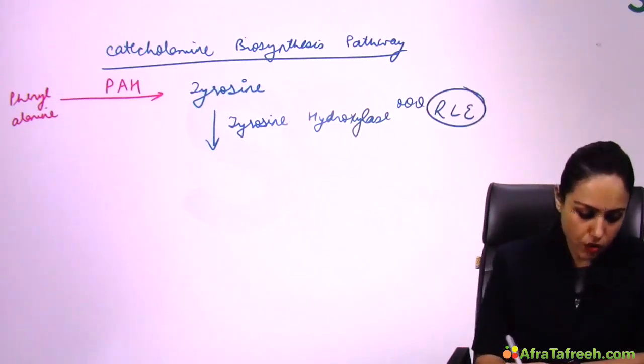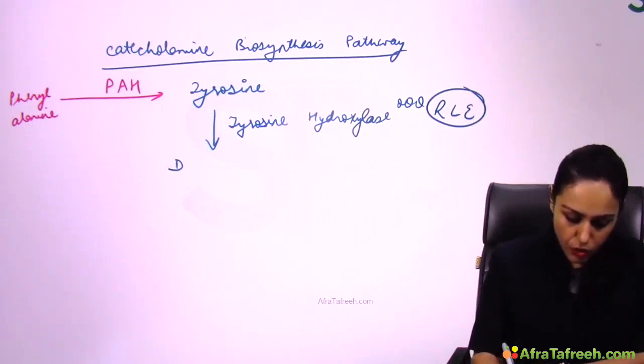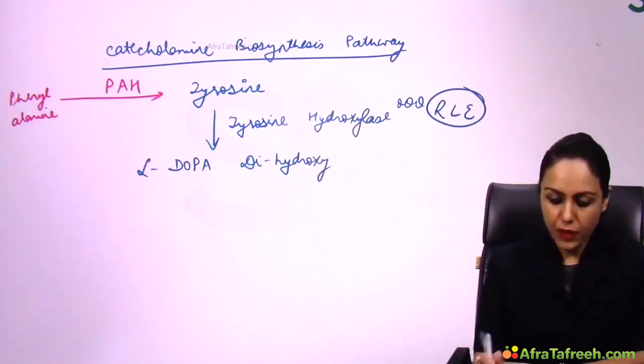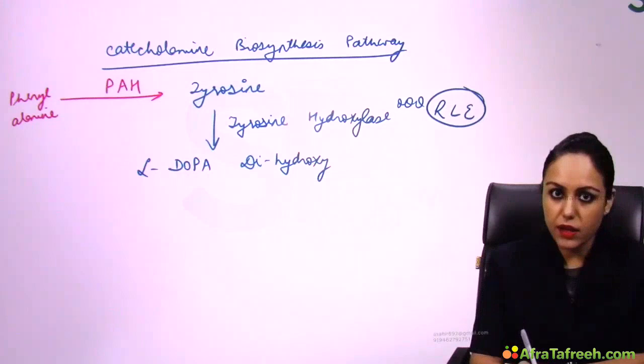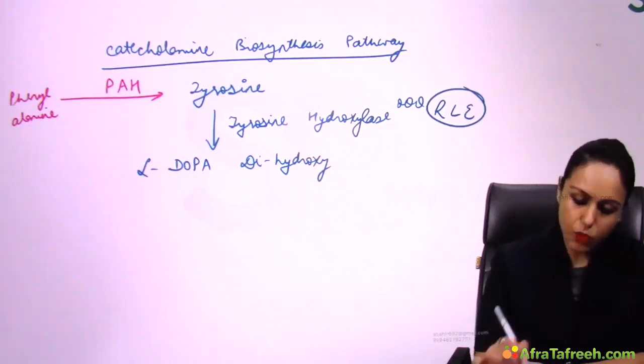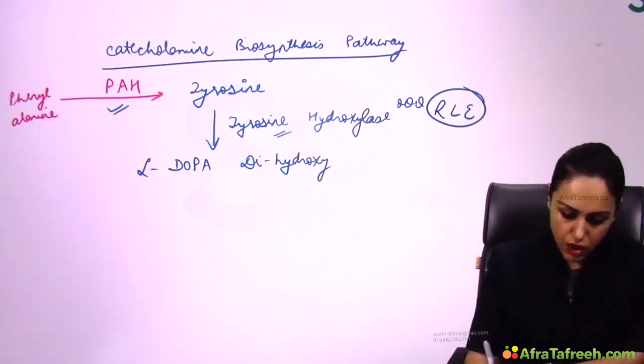So after tyrosine hydroxylase, what is formed is DOPA, L-DOPA. What is the full form of DOPA? DOPA is dihydroxyphenylalanine. You can see why it is dihydroxy, because one OH group is added by phenylalanine hydroxylase. Other OH group is added by tyrosine hydroxylase.